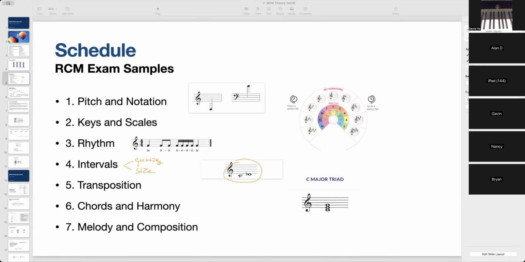For example, this one is C and D. So the size is a second. 1 and 2, because the distance between them is 2, the size is 2. And then this one is a flat, which means the gap is shorter, smaller. That's minor. So the answer to this question is a minor second.